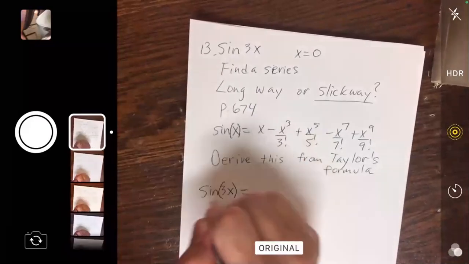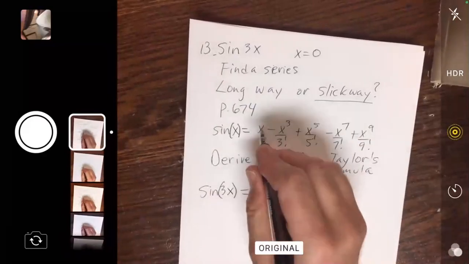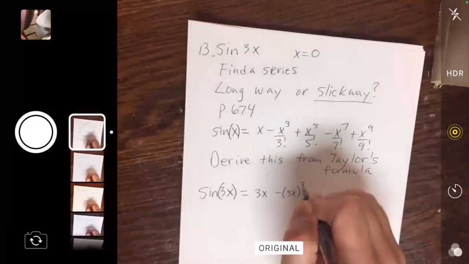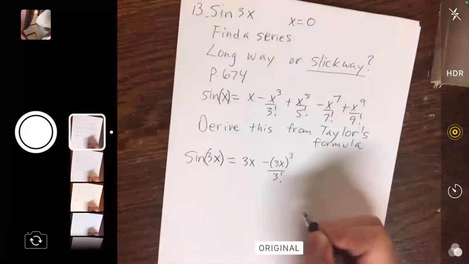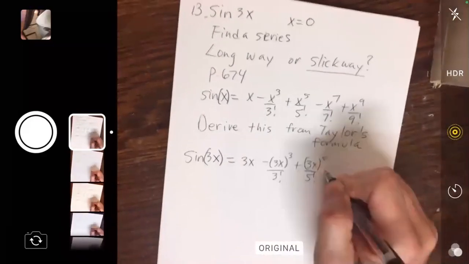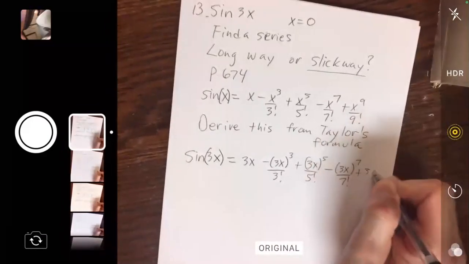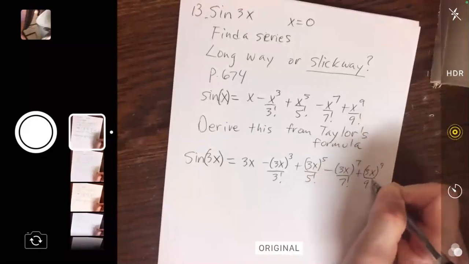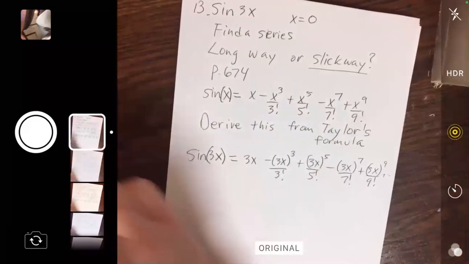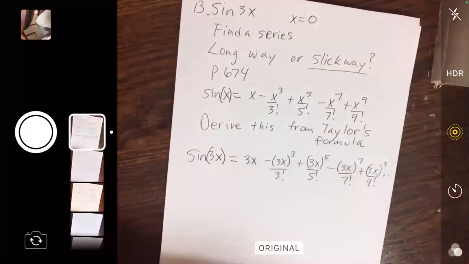Yep, you just sub in 3x for the x in all of this. So you'd wind up with 3x minus 3x raised to the 3rd over 3 factorial plus 3x raised to the 5th over 5 factorial, minus 3x raised to the 7 over 7 factorial, plus 3x raised to the 9 over 9 factorial. That's all there is to it. Now, you may have a little bit of work matching the answer in the book, but that's basically all there is to it.